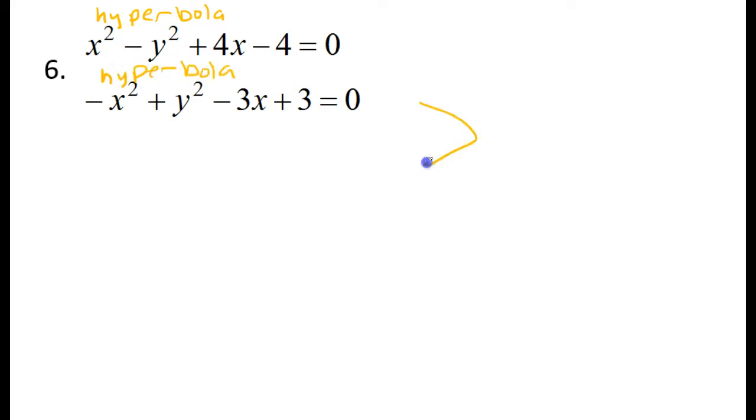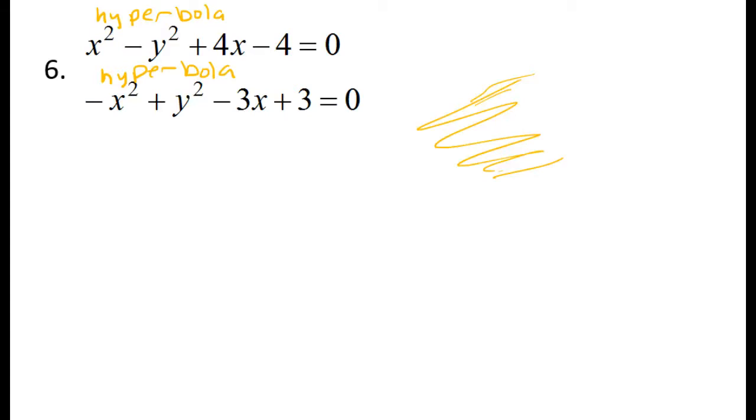All right, hyperbolas are those conic sections that go like this, or sometimes they go like this. Okay, the way I know this is a hyperbola, both of them, is because of the x squared and the y squared, one is positive and one is negative. Whenever that happens, you know you're looking at a hyperbola.